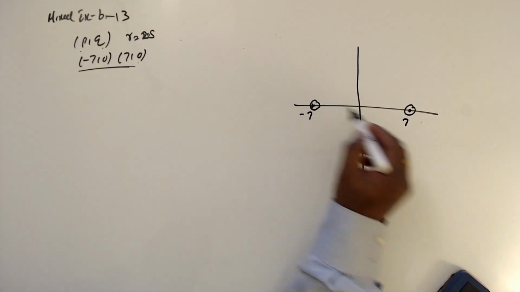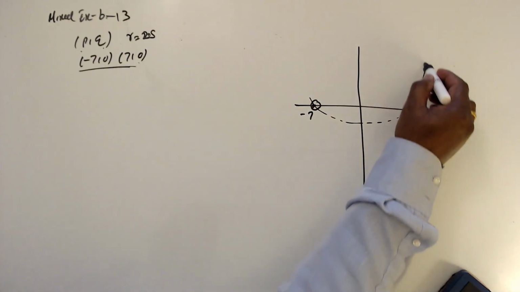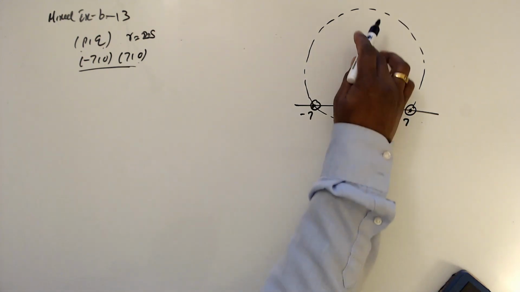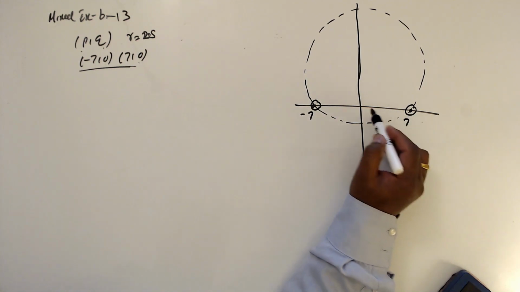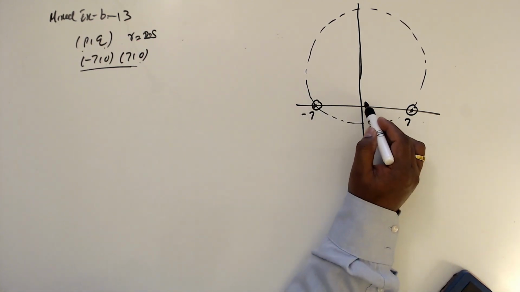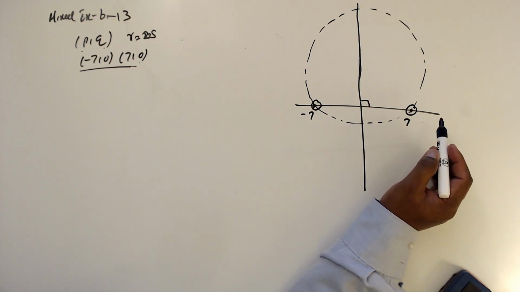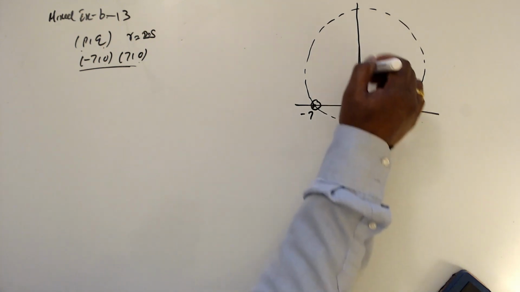The circle is going through like this. Now I can see that this y-axis is going to be the perpendicular bisector. Now the center should be somewhere here.